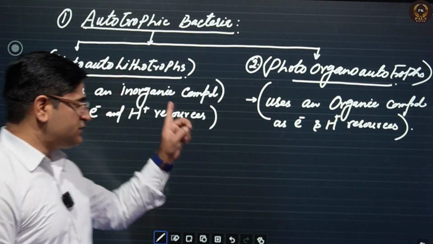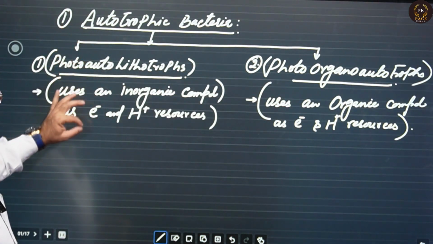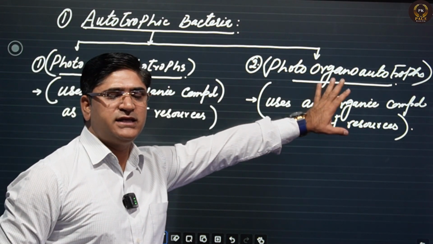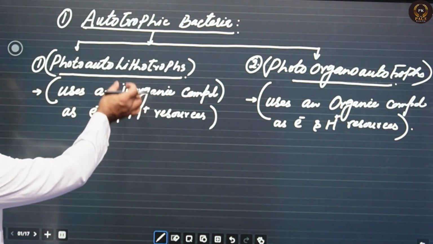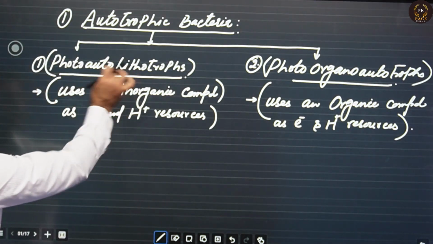Instead of the inorganic compound, they use the organic compound. Based on that, they have been categorized as photolithoautotrophs and photoorganoautotrophs.